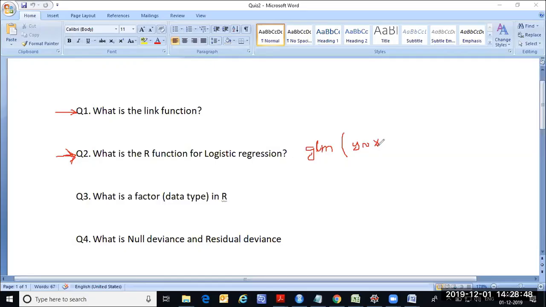Otherwise, x1 plus x2 plus x3 and so on. Y tilde x and then data equal to, which data frame you want to apply this logistic regression on. And what else? Family. This family is where you're going to decide which type of logistic regression you would like to apply. Is it binomial or multinomial?